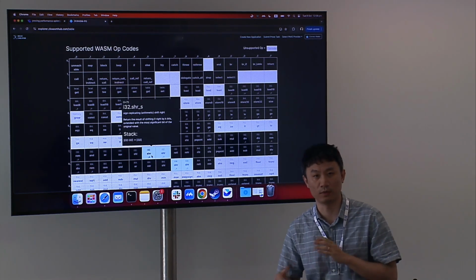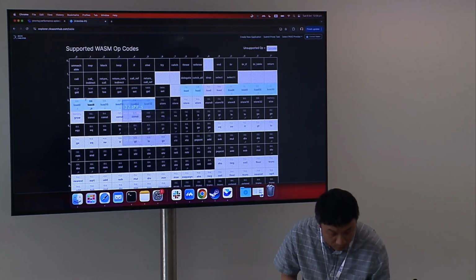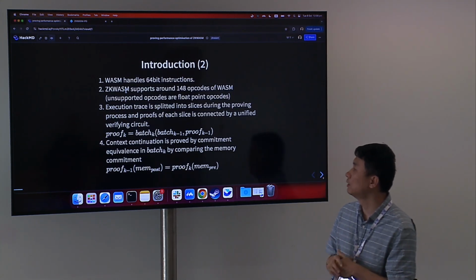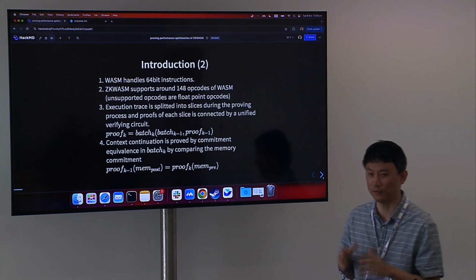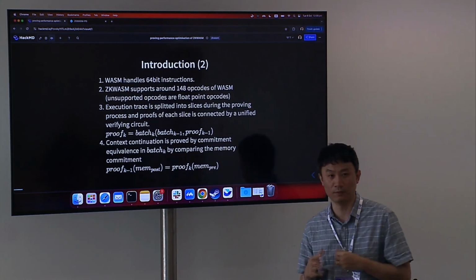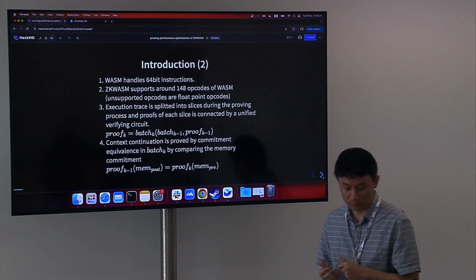That means every operand you're handling is 64-bit. If we stick with this 64-bit setup for a while, and we're using a KZG backend, which supports 252 bits, we can perform a 64-bit multiplication in 2 or 3 cells.